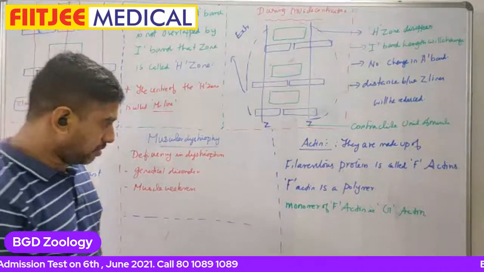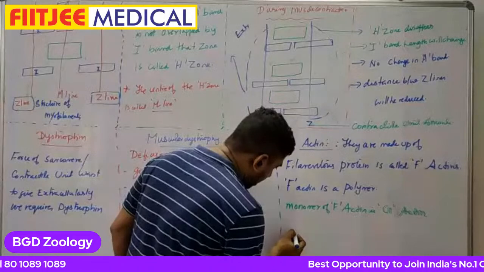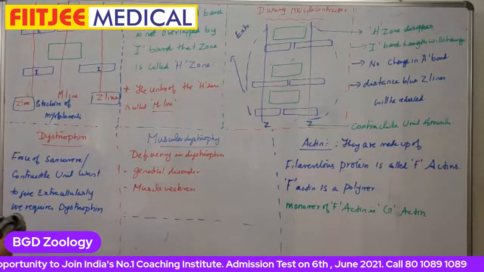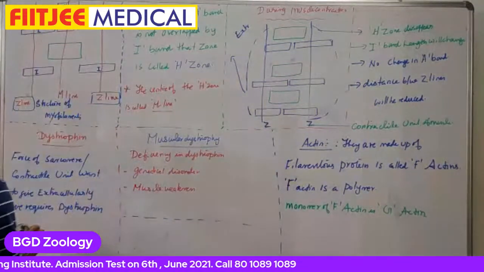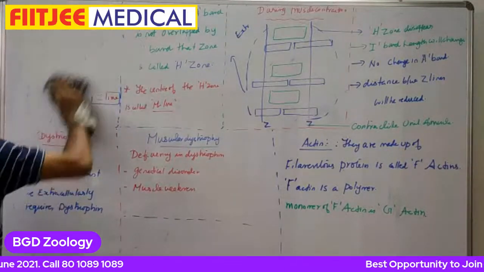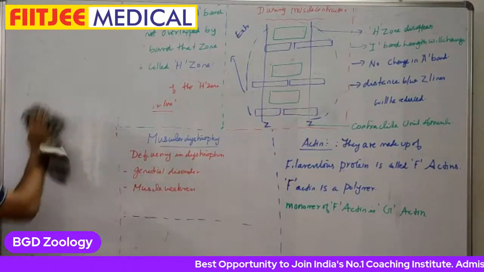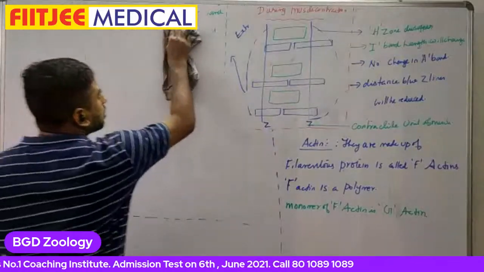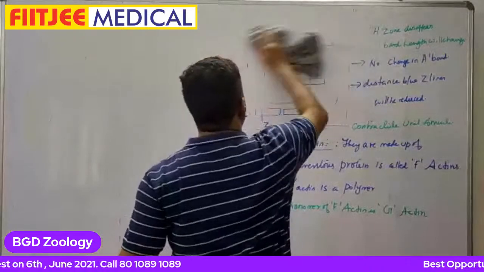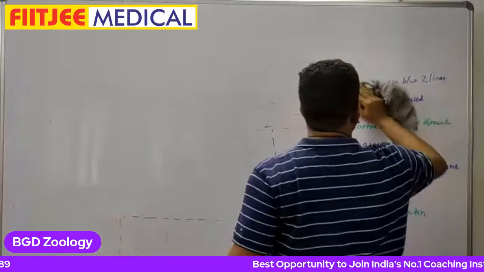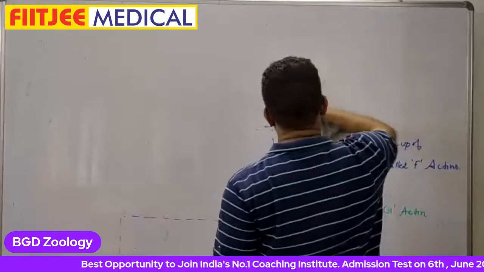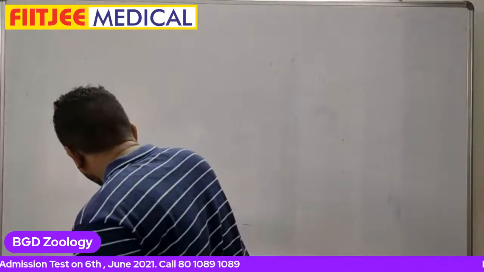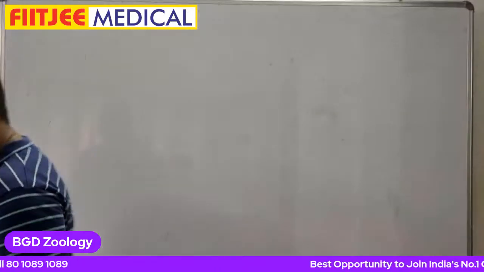And if you look at this actin, you will see that they are helically arranged. I'll draw the diagram here. So actin is made up of F actins. Right. So all of you listen.